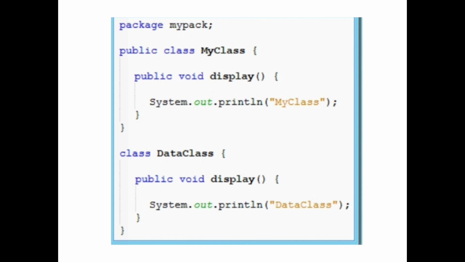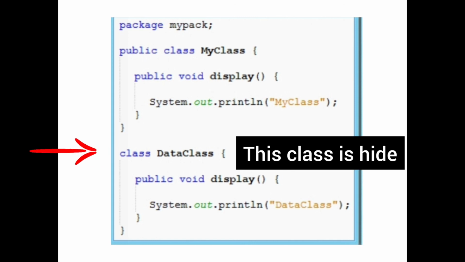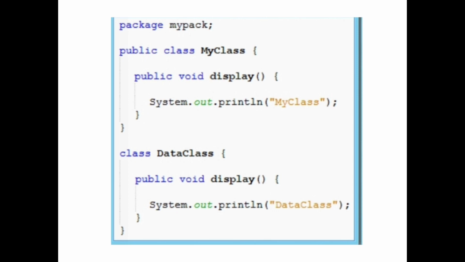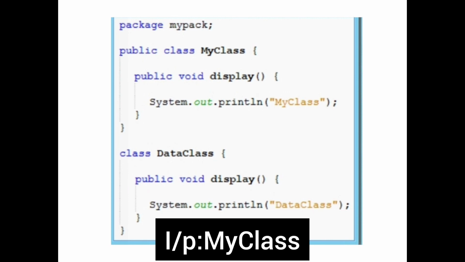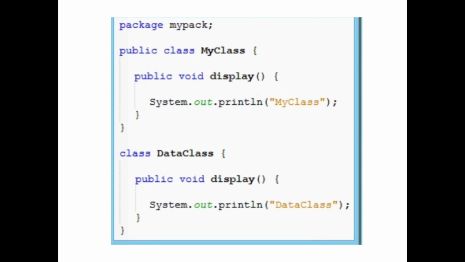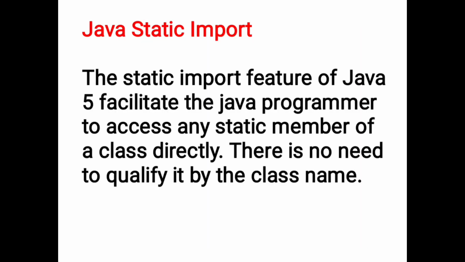And another class, and here do not write public, just write class, and the class name is Data class, and write another display method. The first output statement is displayed, and the second class cannot be displayed. When we are using public, that can be accessed or seen, and the other class cannot be shown, or it is hidden.